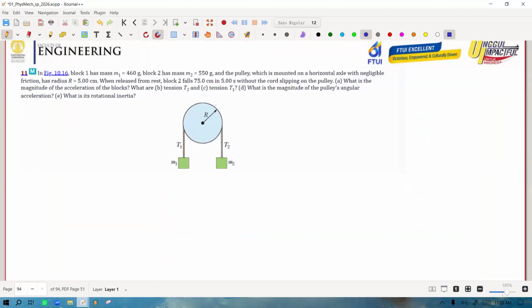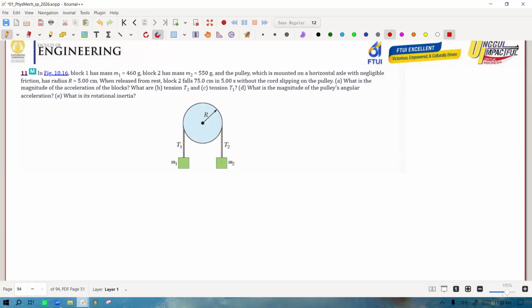So here block 1 has mass M1 of 460 grams and block 2 has mass 550 grams. And the pulley is mounted horizontally with negligible friction and has radius R of 5 centimeters. When released from rest, block 2 falls 75 centimeters in 5 seconds without the cord slipping on the pulley. What is the magnitude of the acceleration of the blocks, and the tensions T2 and T1? What is the magnitude of the pulley's angular acceleration?